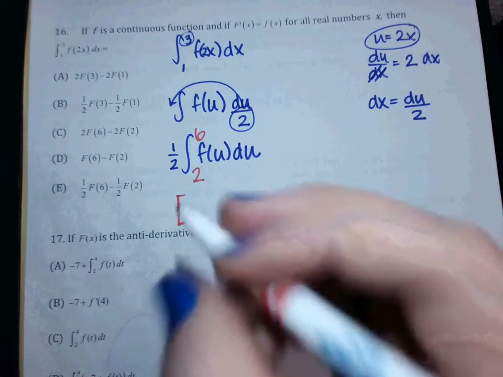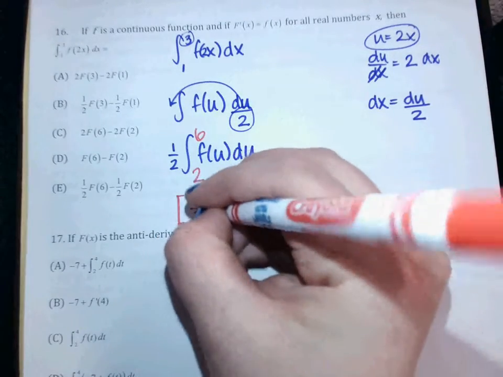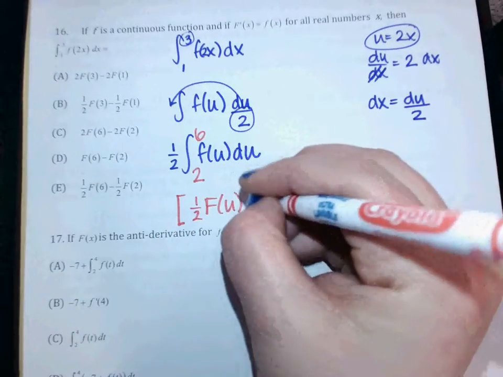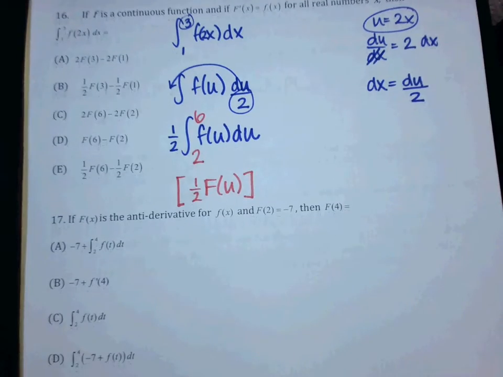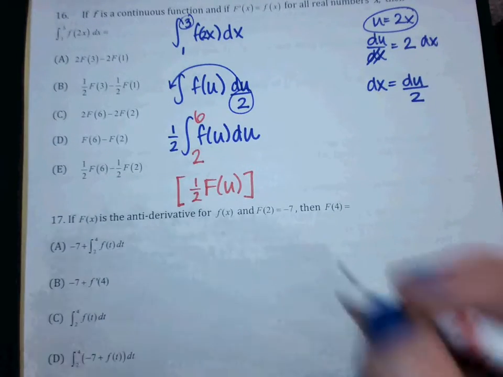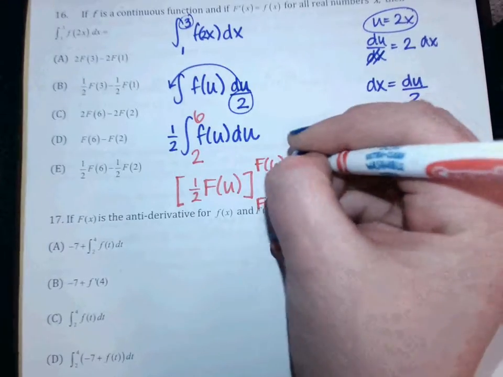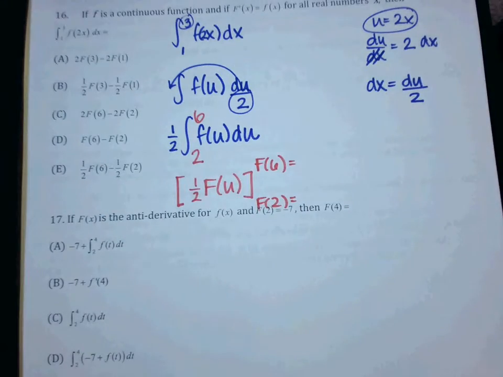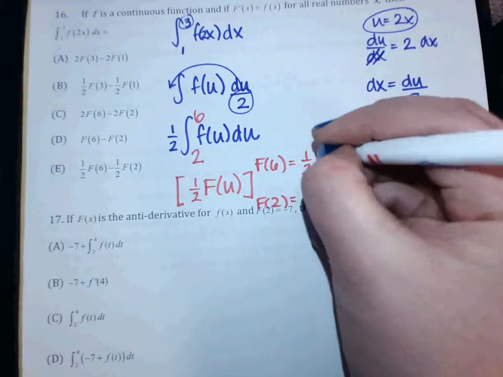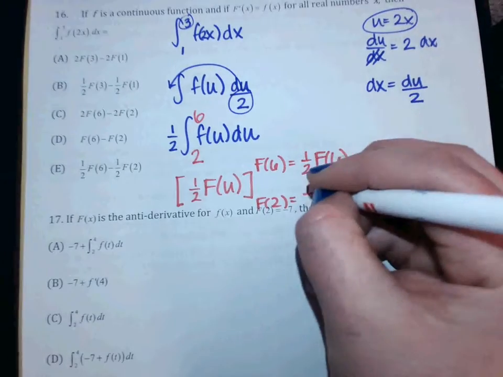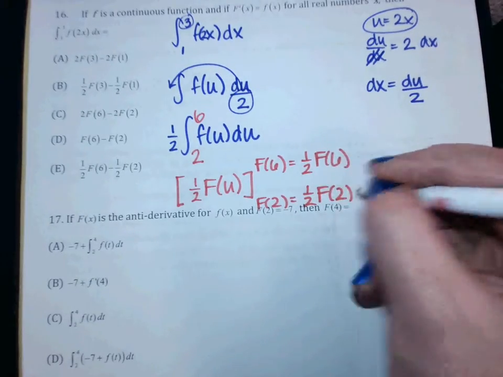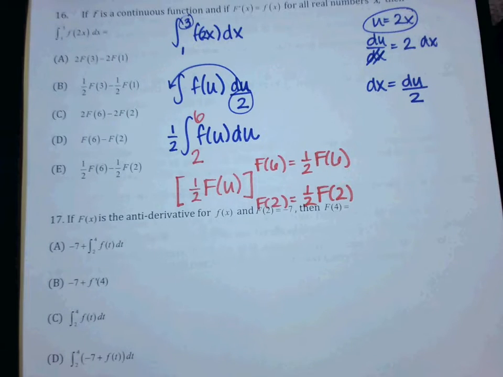Big F of u. Now, I'm going to go ahead and pull the 1/2 in. Okay, so it's capital F of u. And then I would plug in capital F of 6 and capital F of 2. And so I'd get a 1/2 capital F of 6 and a 1/2 capital F of 2. Then what do I do with those endpoints?